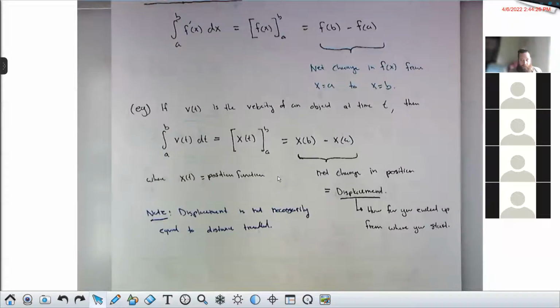If your velocity function is always positive, if you're always moving in the same direction, you never turn around and come back, then your displacement and your distance traveled will be the same. If, however, your velocity function is sometimes positive and sometimes negative, you spend some time walking in the forward direction, sometime walking in the backward direction, then your displacement and your distance traveled will not be the same.